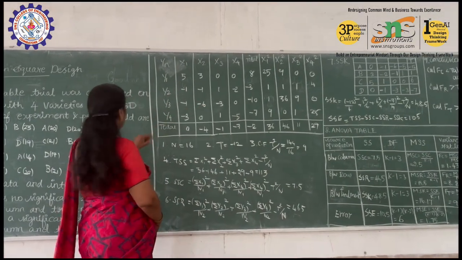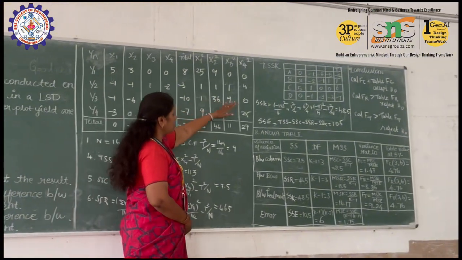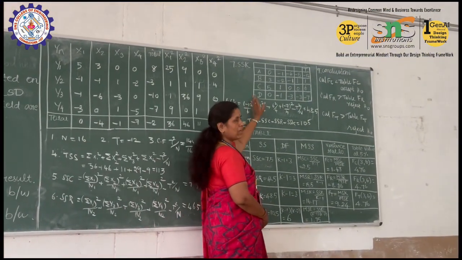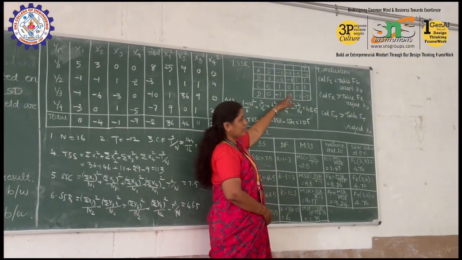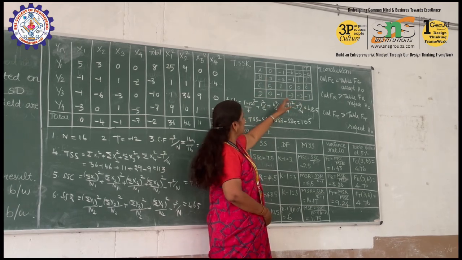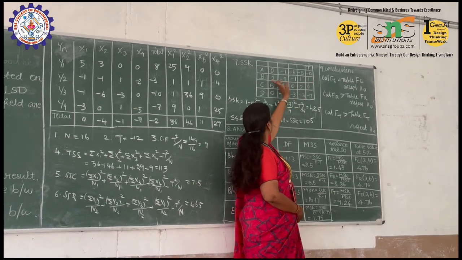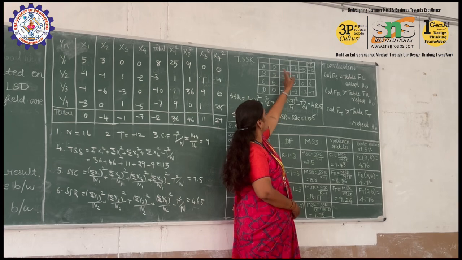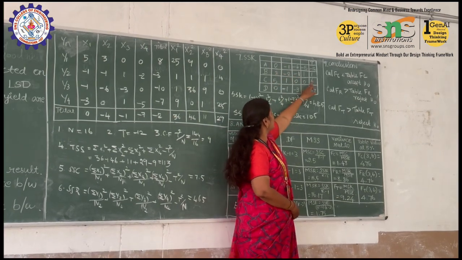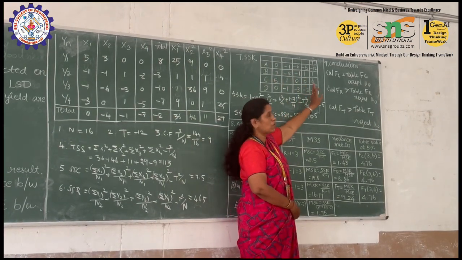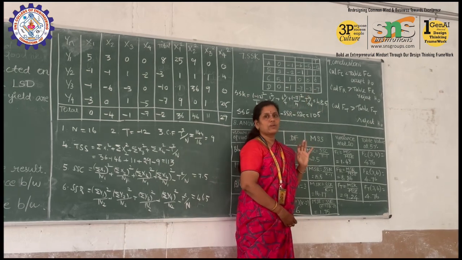So collecting the A values, B values, C values and D values, which are tabulated here, the totals are: summation of A equal to minus 12, summation of B equal to 1, summation of C equal to 6, and summation of D equal to minus 1.